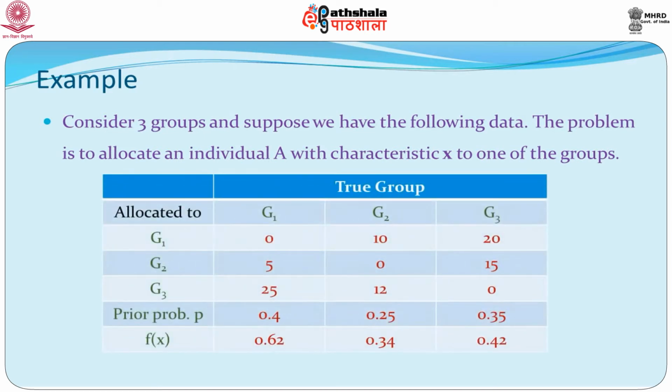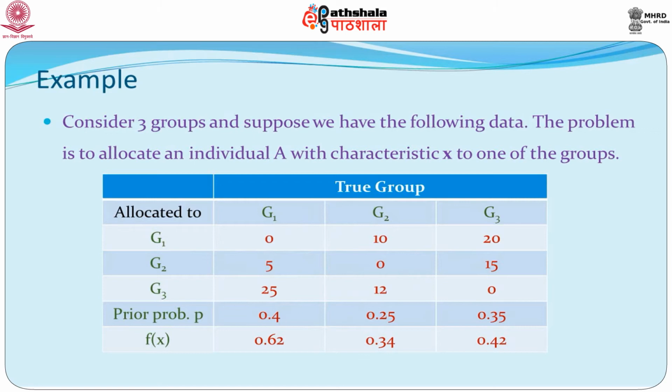Now, what we have in this table is that the columns are the true groups and the rows are the allocated groups. So, if you look at the top, you have G1, G2, G3, these are the actual groups to which the individual belongs, and the allocated groups are G1, G2, G3 that he has been put into on the basis of the classification rule.